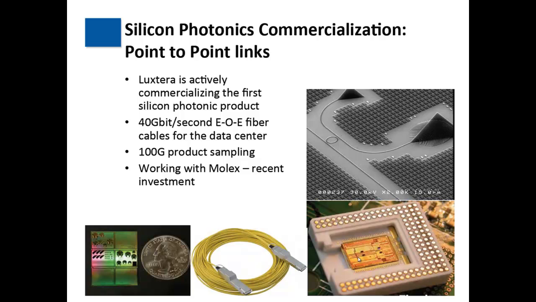In particular, this slide is about the commercialization of silicon photonics, and Luxtera is actively commercializing a silicon photonics product, a 40 gigabit point-to-point link. If you look in the screenshot here, you'll see that grating couplers do appear, in addition, of course, to the waveguides and ring resonators.